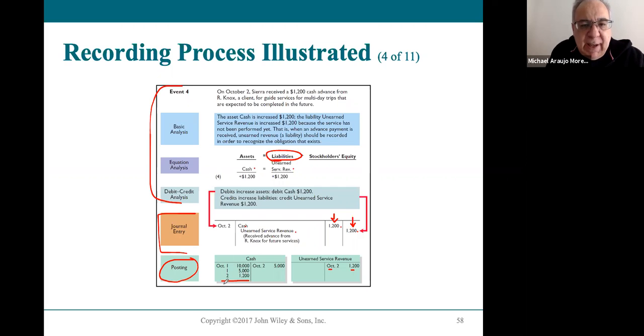So what would be the balance in the cash account now? Well, the balance in the cash account would be $11,200 debit balance, because the debit side is larger than the credit side by $11,200.